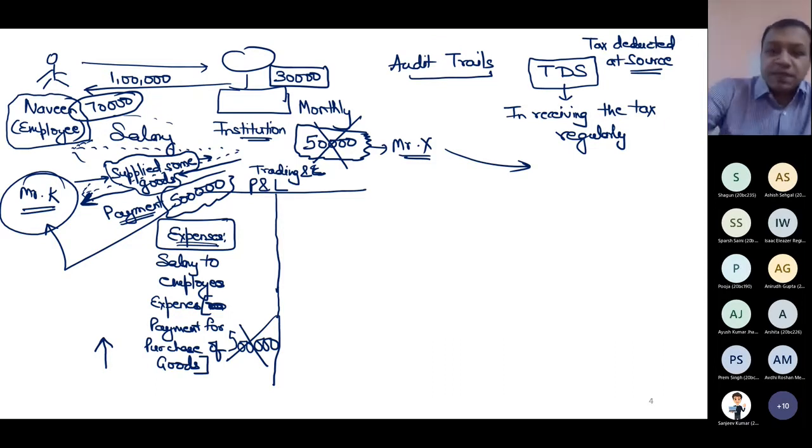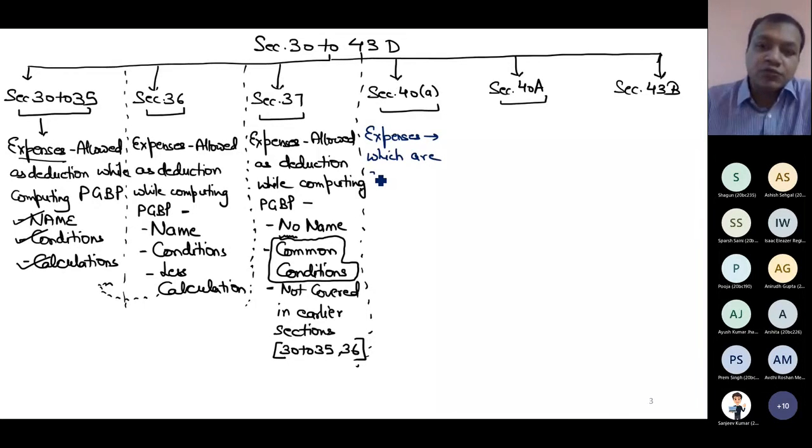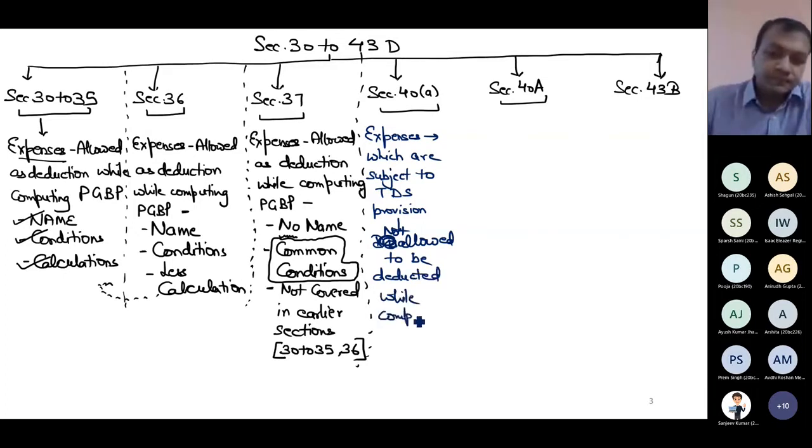So 40 clause A talks about those expenses or payments which are subject to TDS provisions, if these are applicable. It will tell you when the expenditure is disallowed, not allowed to be deducted while computing business income, PGBP.